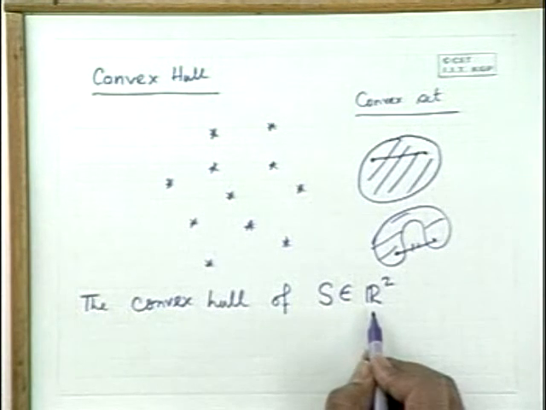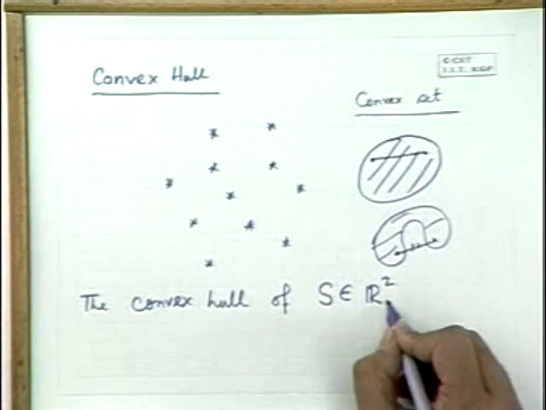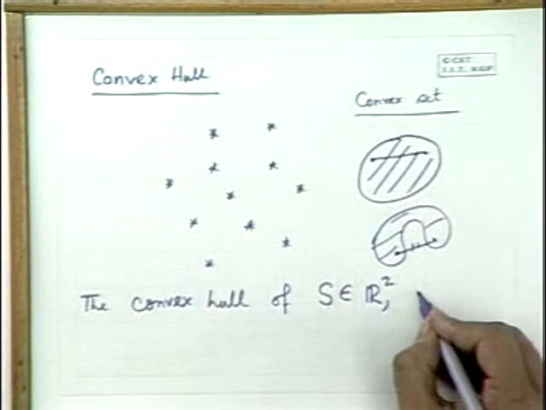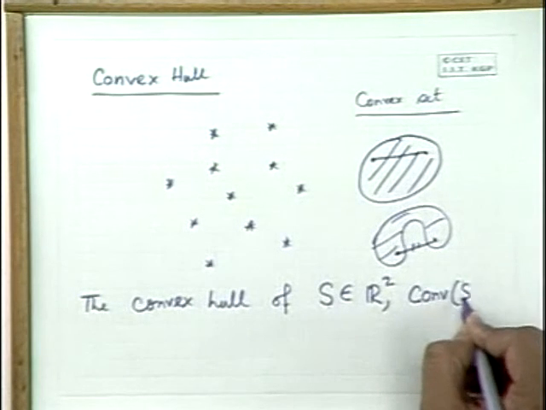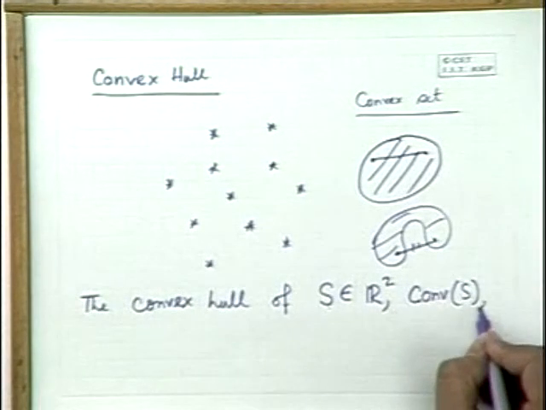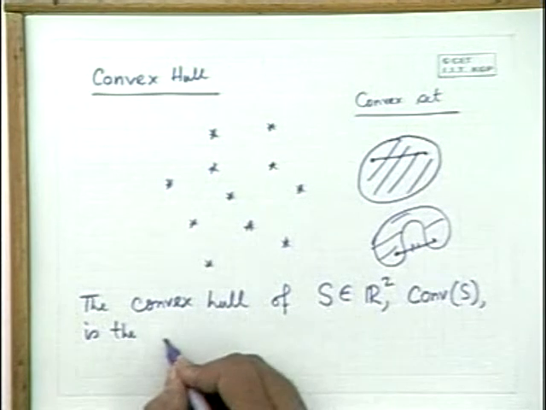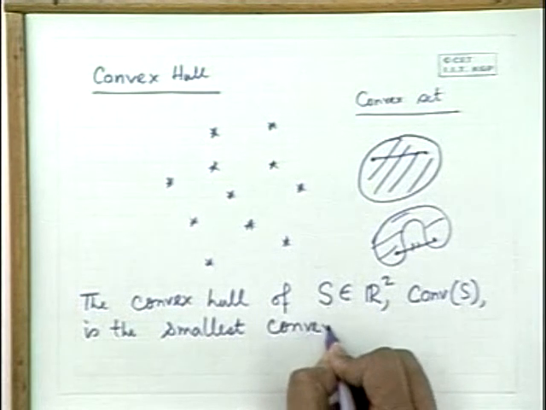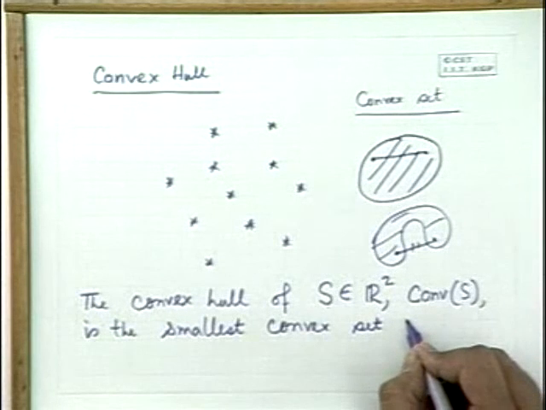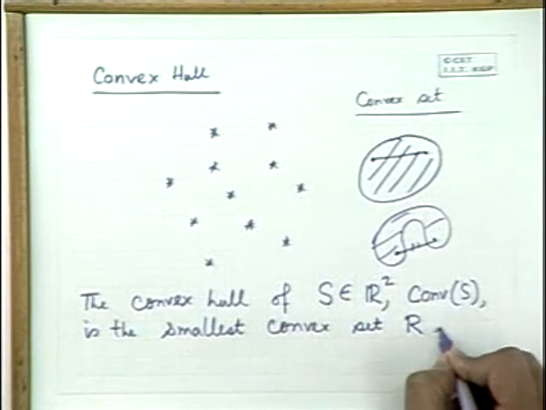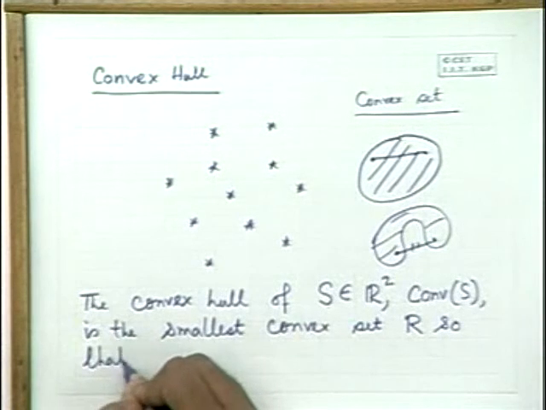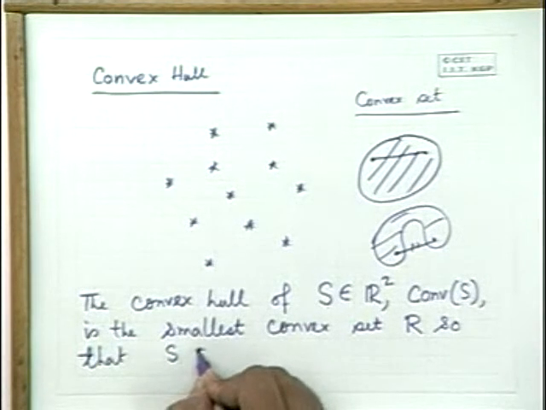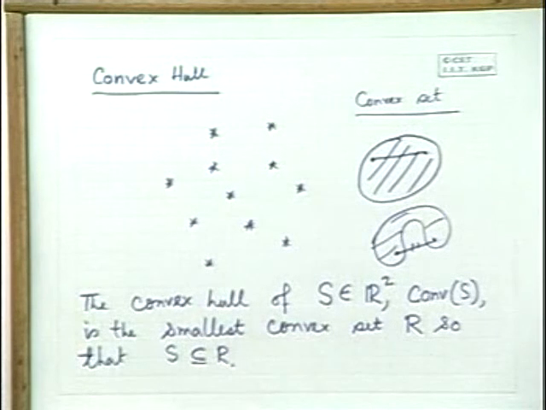Then the convex hull of a set of points in R2, denoted as conv S, this is the notation I will be using, is the smallest convex set R, so that S is a subset of R. So this is the smallest convex set which contains the entire point set inside.